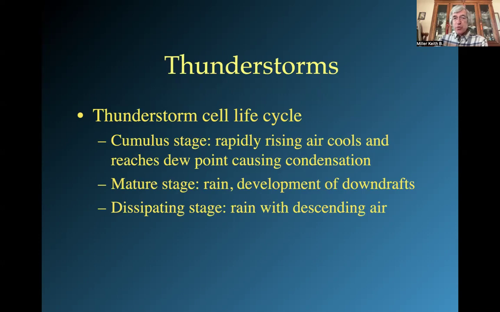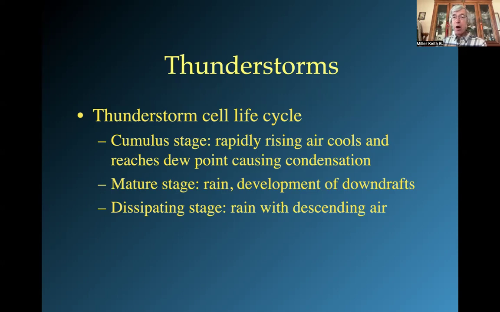So once the thunderstorm has built up essentially to the top of the troposphere, the air is now cooled off enough that it's below the dew point. Precipitation is happening, so it's starting to rain out. And as that rain falls, it tends to pull this now cooler air back down to the surface again.